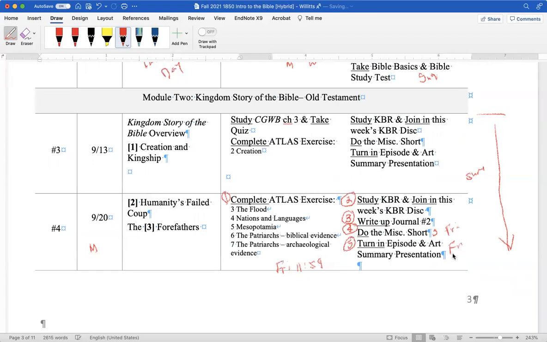By Friday, you will submit your summary presentation for the 2 episodes, Humanity's Failed Coup and the Forefathers. So of these, 2 and 3 are due on Sunday. Numbers 1, 4, and 5 are due on Friday. That makes sense?